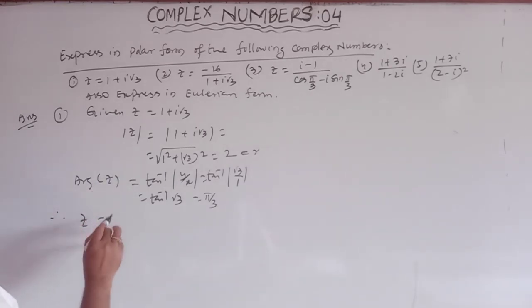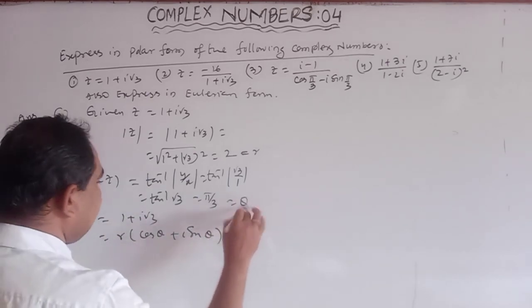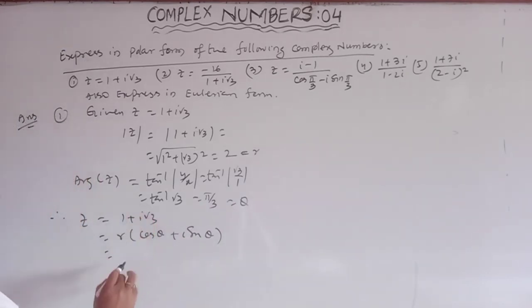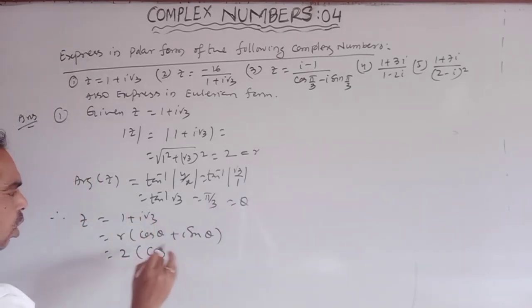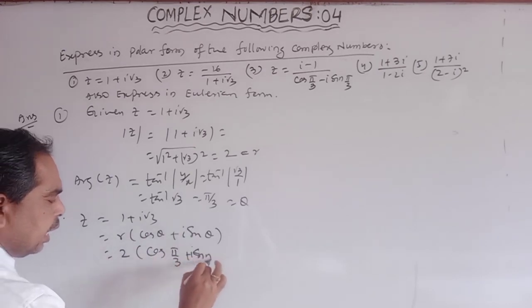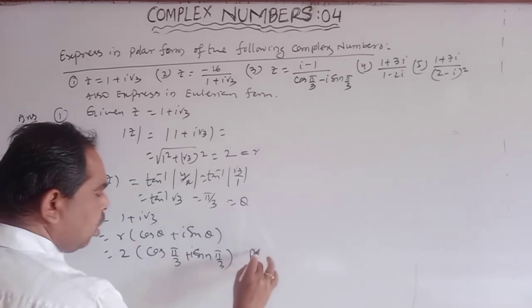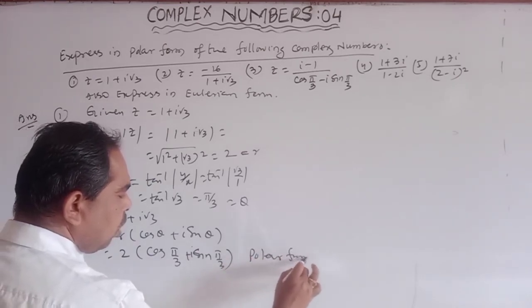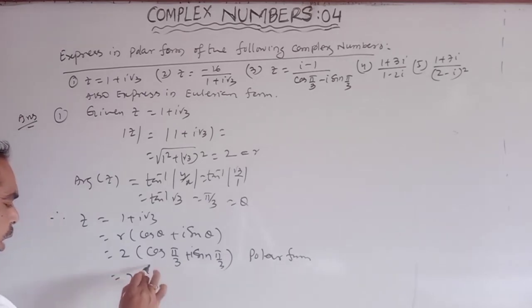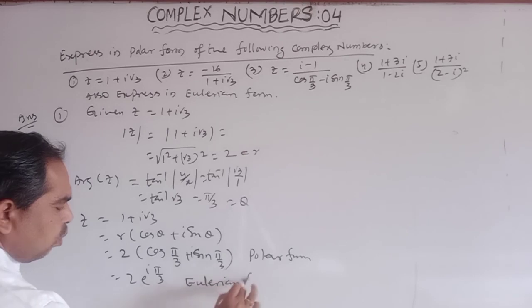Therefore z is equal to 1 plus i root 3, equal to r into (cos theta plus i sin theta), where r is 2. So z is 2 into (cos pi by 3 plus i sin pi by 3). This is the polar form. The Eulerian form is 2 into e to power i pi by 3.